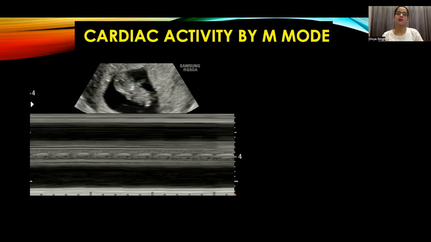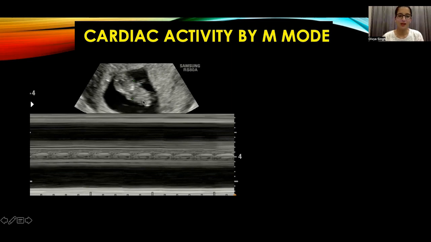So, what is recommended is to use M mode, and it's fairly easy to use if you understand how it is to be done. The main thing before placing the M mode cursor is that you must optimize your image, and the more magnified your image is, the better you're able to see the area on which you're going to place the M mode cursor, and the better the trace that you have. So this is an embryo at around 7 to 8 weeks of gestation.